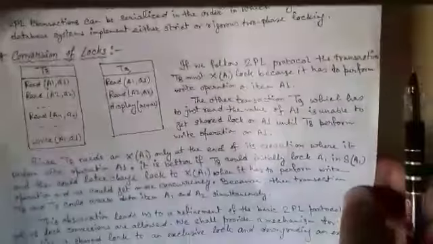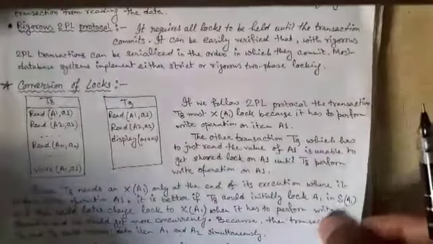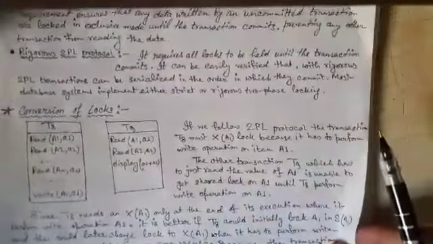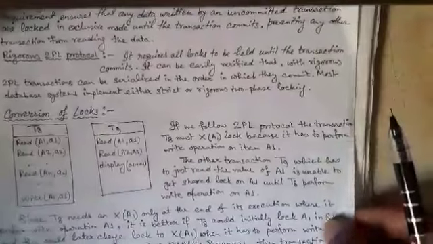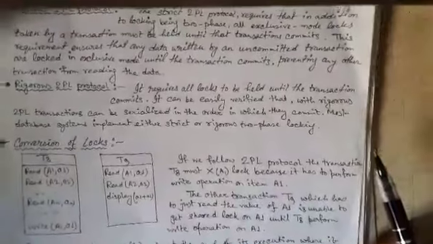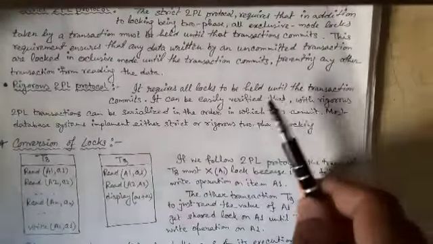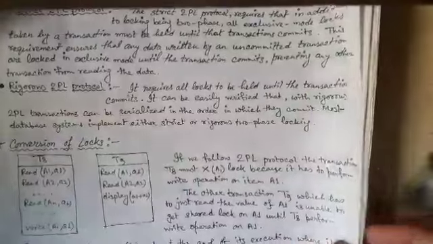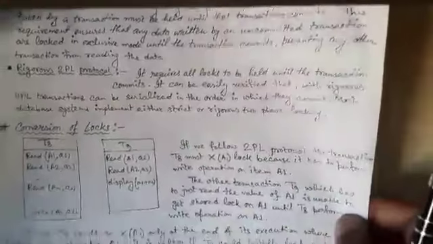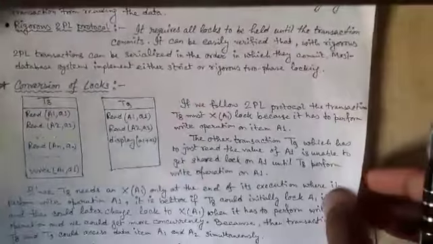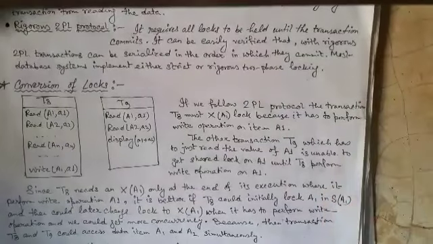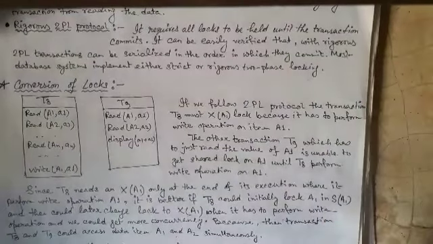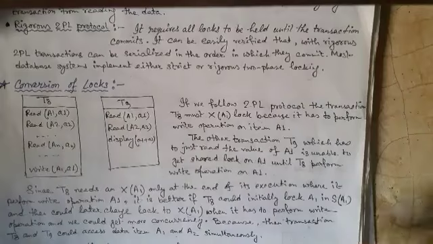Now there will be some problem. If we define the exclusive lock, then another transaction for the same item will be waiting, and this takes a longer time, and it causes delay.